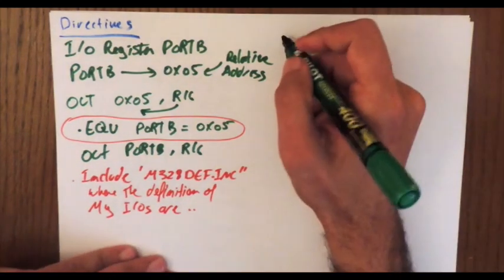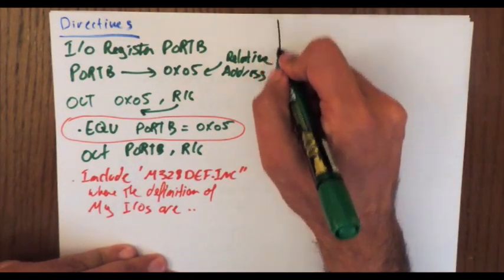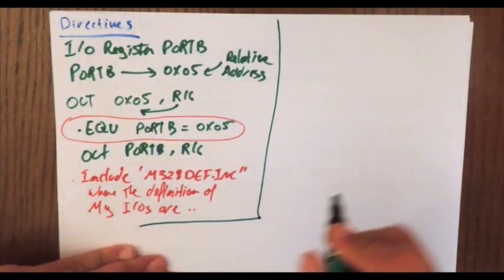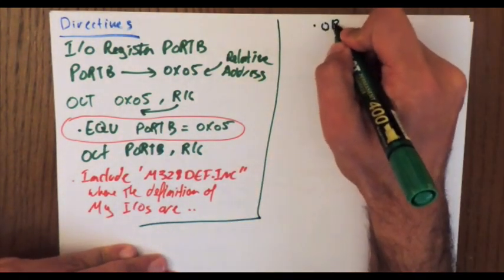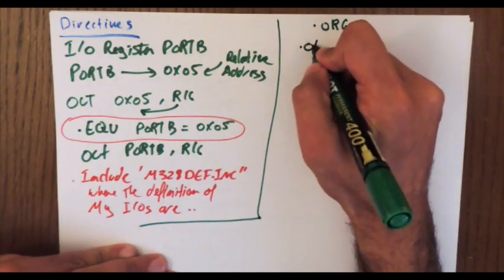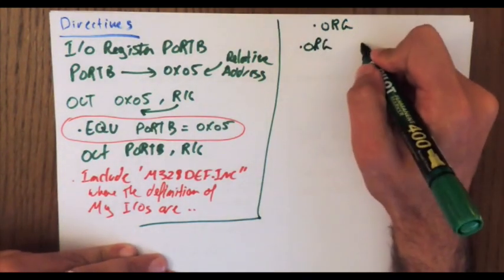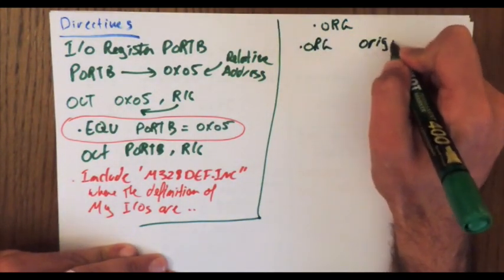So also another directive is .org, which is origin of code.